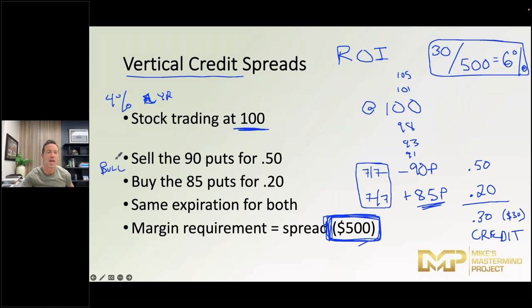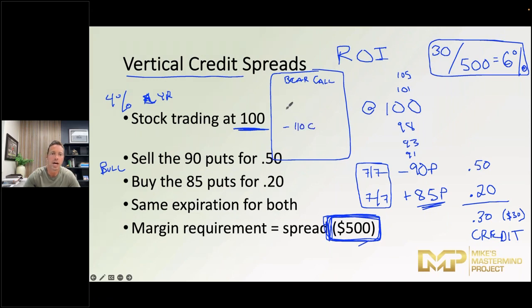Okay. And then what we can do is build at the same time. Let me just do it in this little window right here. We could build the bear call side. Okay, so let me write this in, the bear call side. So that would be selling maybe the 110 call, buying the 115 call.